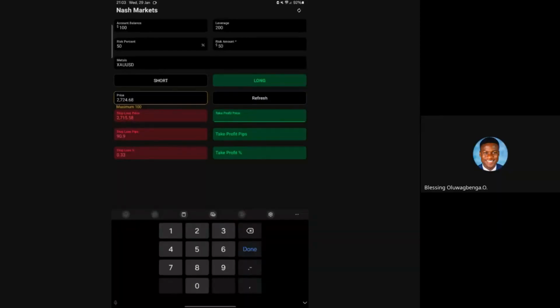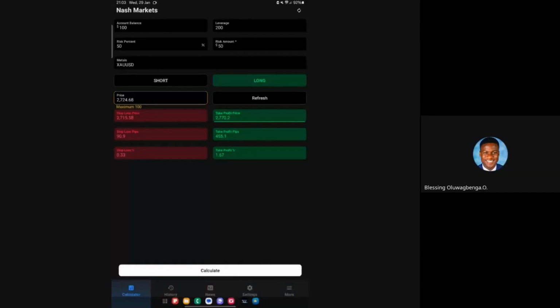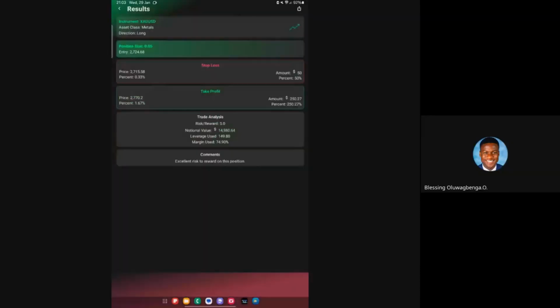Then our take profit is 2770.2. Okay. So right now we've input the values, so we'll now click calculate. So right here, we have our instrument. You can see the position size.